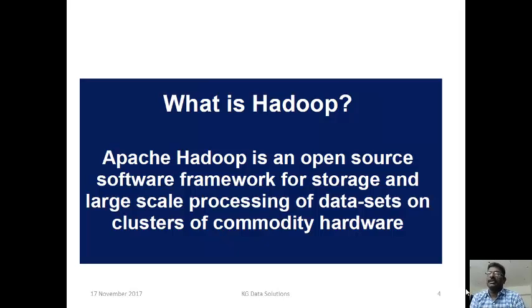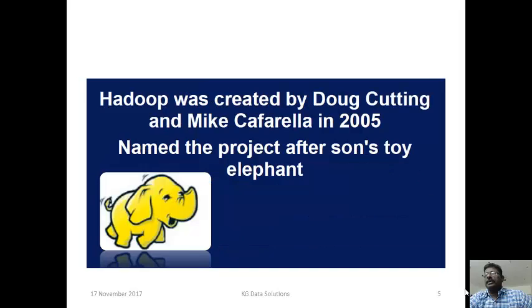Here we talked about the volume V: a huge data set on a cluster of commodity hardware. We had seen the definition of commodity hardware previously. Commodity hardware are not high-end servers. It is easily available hardware, so cost-wise it would be cheaper to go for commodity hardware.